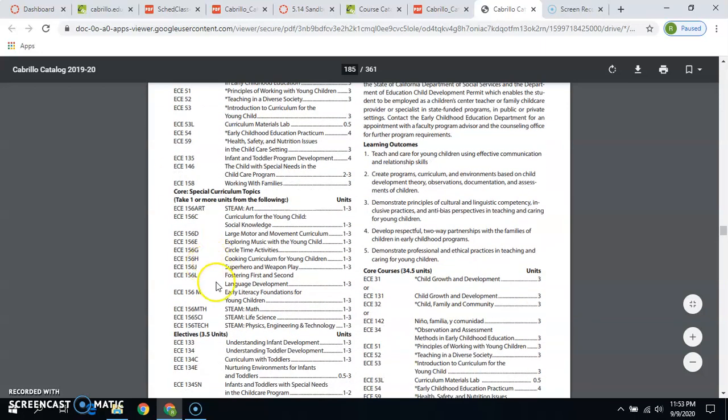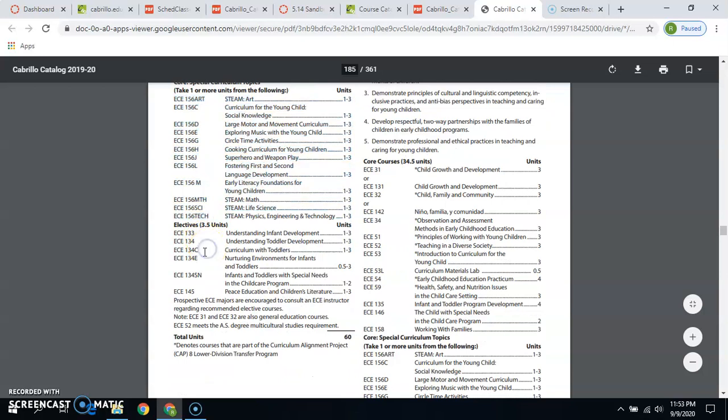In addition to that, the student has to complete one course in this area. So from all these courses, the student selects one course. Not all of them, but just one. And towards the very end, the student would then go into this area right here and select 3.5 units to take from these courses. Some of these courses vary from 1 to 3 units.